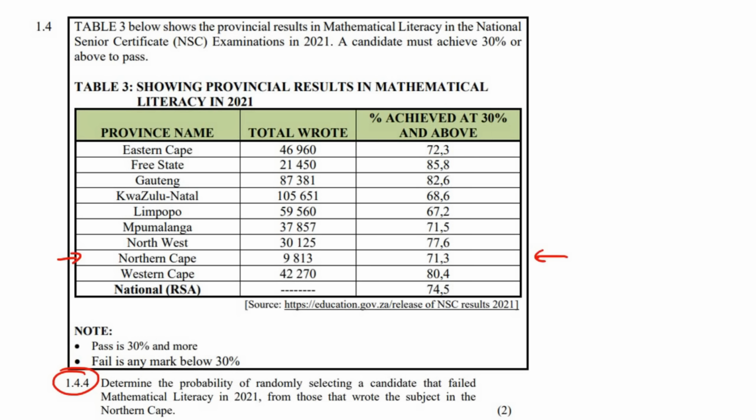In the Northern Cape, 71.3% passed. So what percent failed? You could just say 100 minus 71.3, and that means 28.7% failed. So that would be the probability as well.